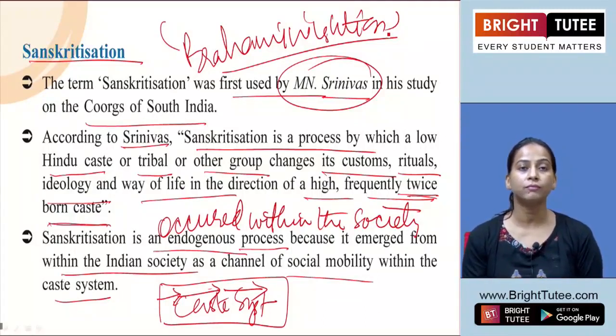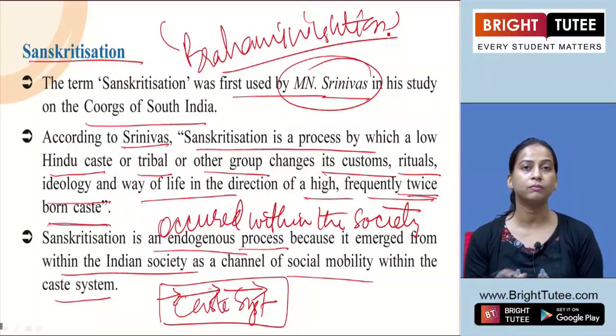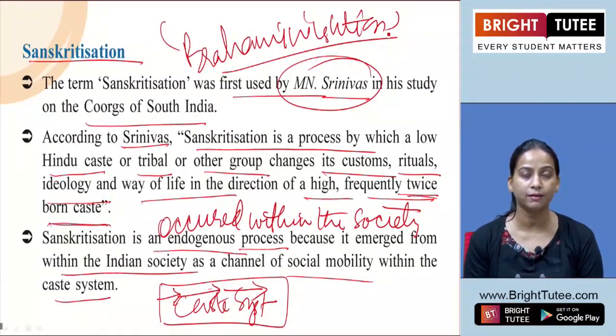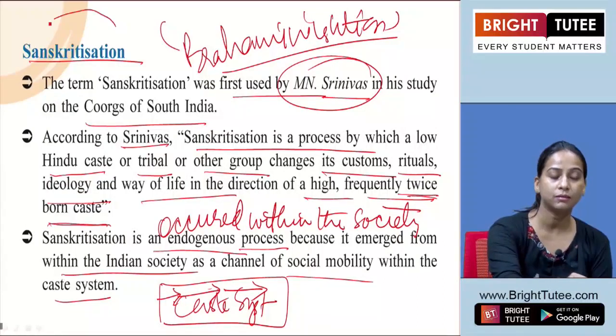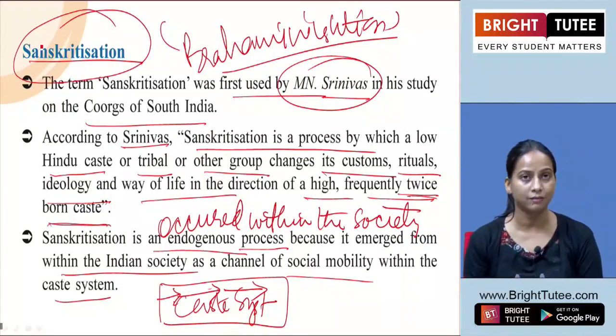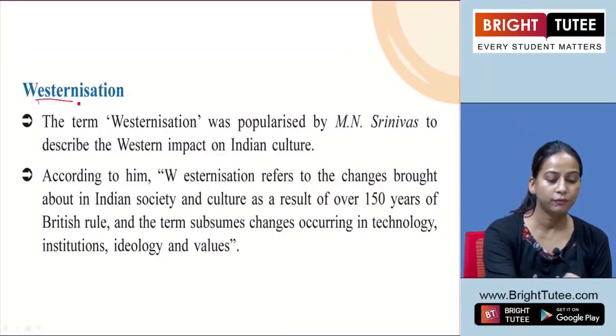But later on, when he continued with the survey and the study, it was found that it was not the case. These low caste people were also trying to copy or imitate the values from the other two caste groups, for example from Kshatriyas as well as from Vaishyas. So that's why the term was changed, and it was coined as Sanskritisation instead of Brahmanization. Clear?